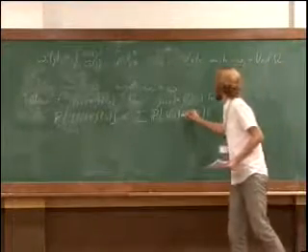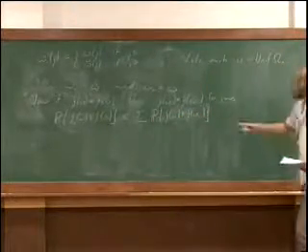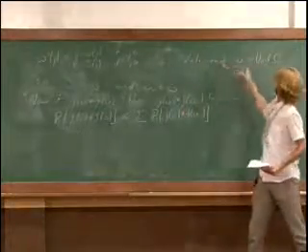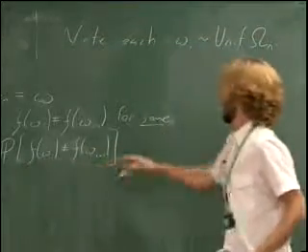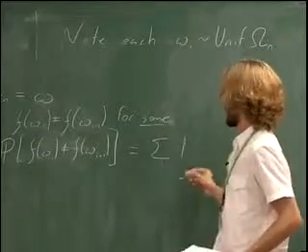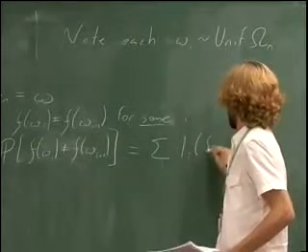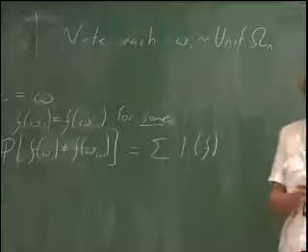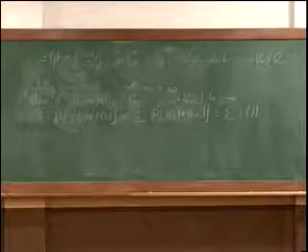But since omega I is uniform, this probability is just equal, by definition, to the ith influence of the function f.